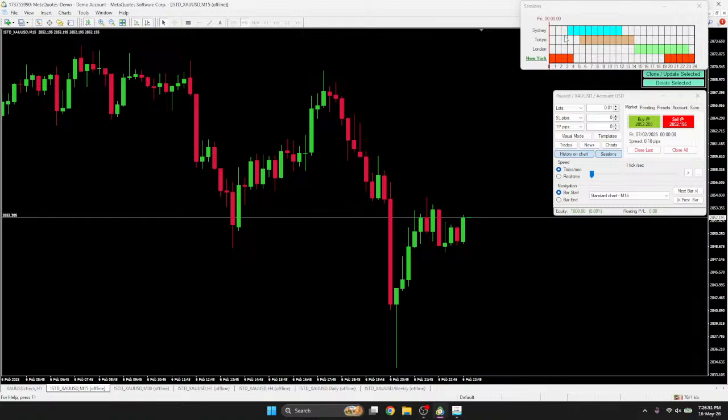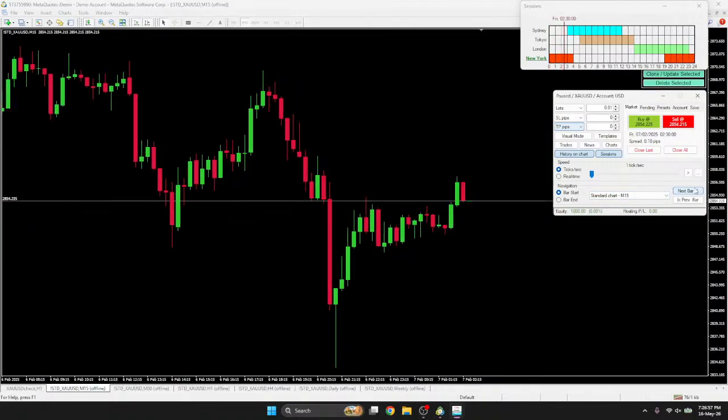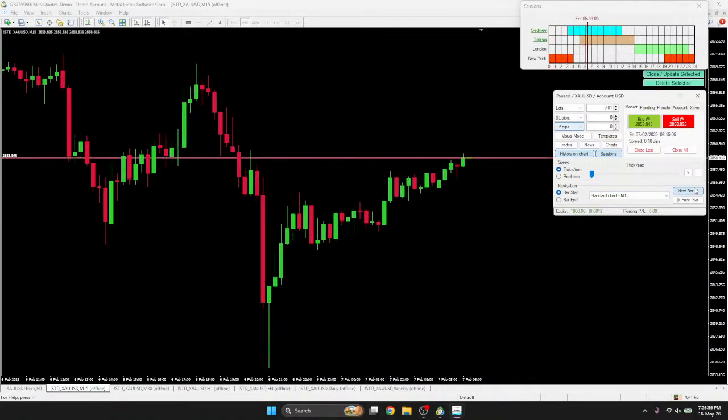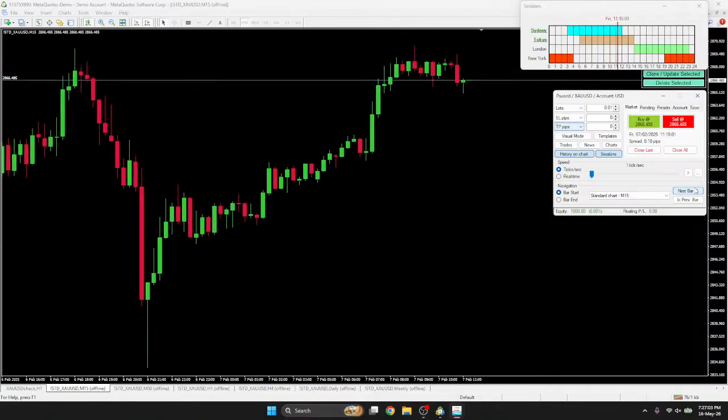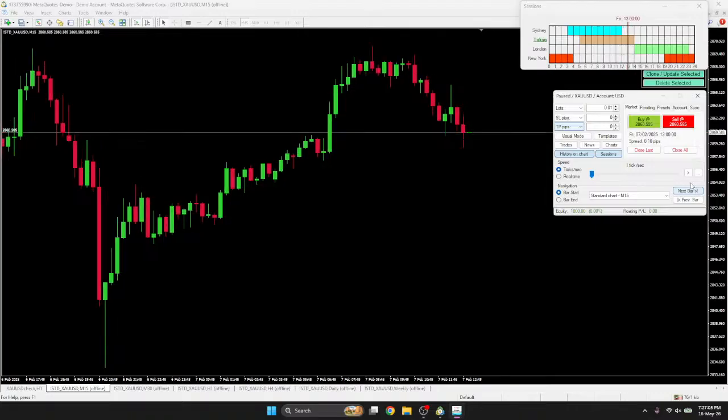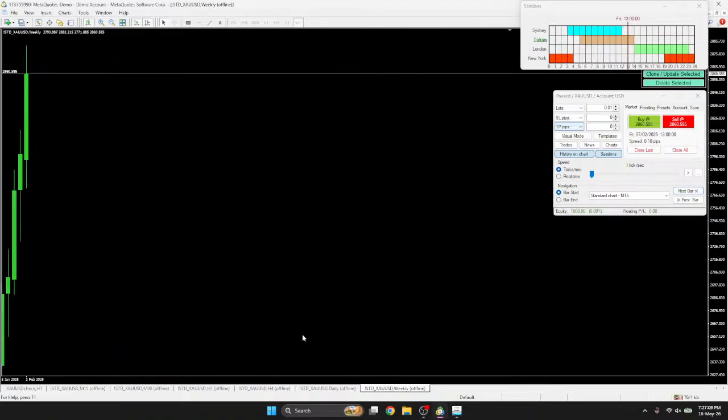So this is Friday. Let's move our candle towards pre-London, so 1 hour before London open. If we look at weekly, it is super bullish.